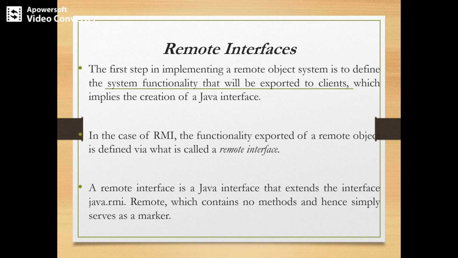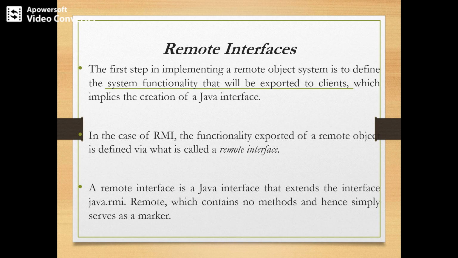These remote method invocations can fail for a number of reasons. The remote object may have crashed, the server may have failed, or the communication link between the client and the server may not be operational. There are a lot of reasons.